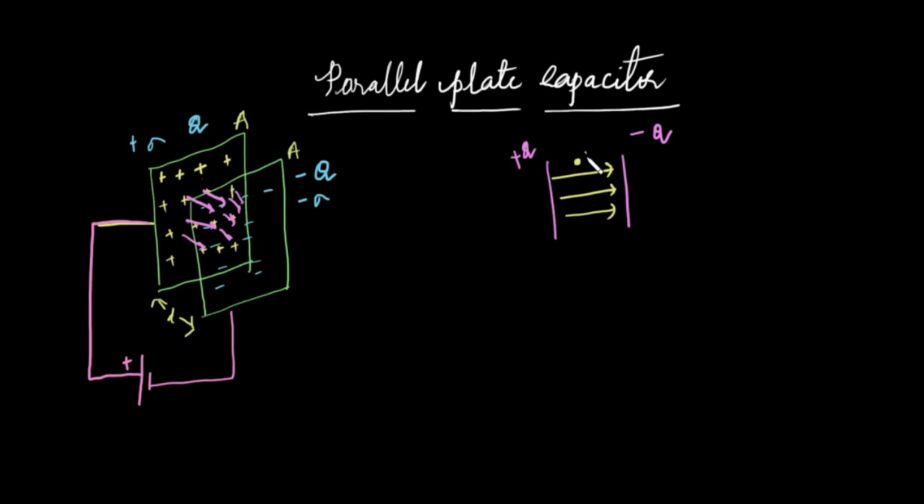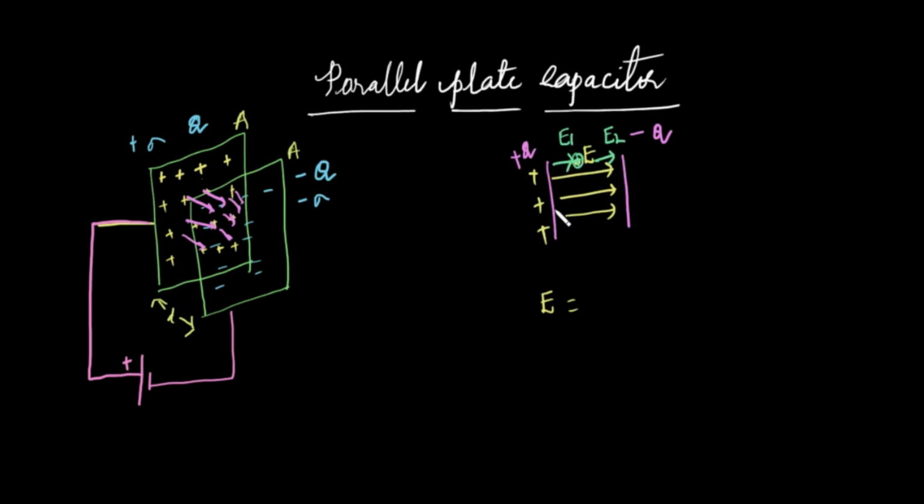Now if you want to calculate the electric field, say what is the electric field here. The positive charge will have electric field E1, and the negative charge will have electric field E2. If I place a positive charge over here, it will be pushed in this direction, so E1 is in this direction.